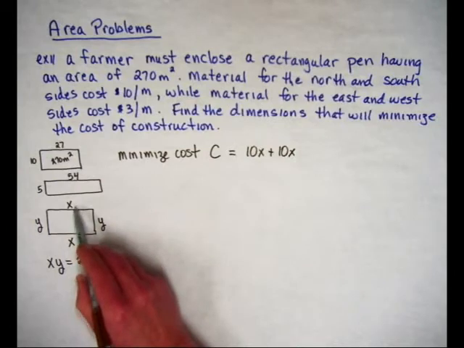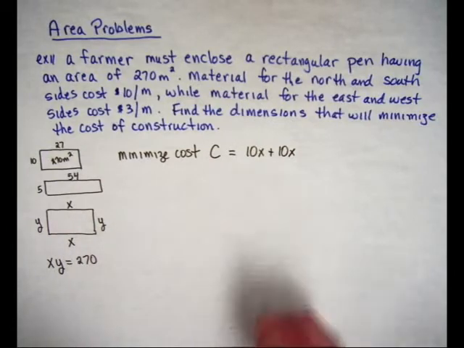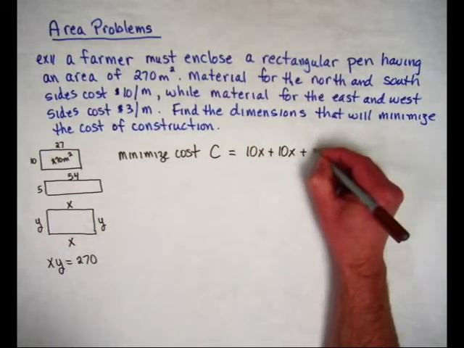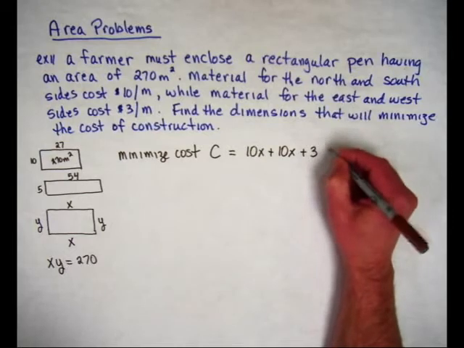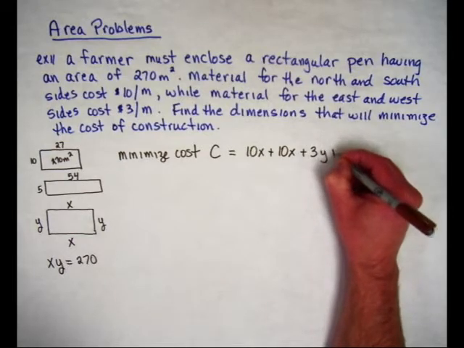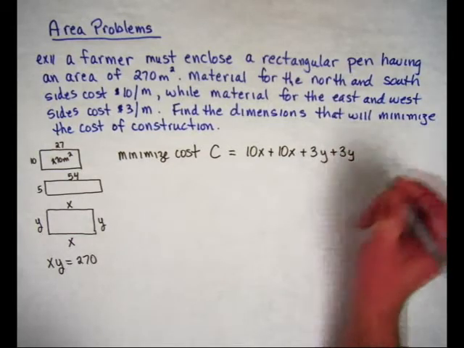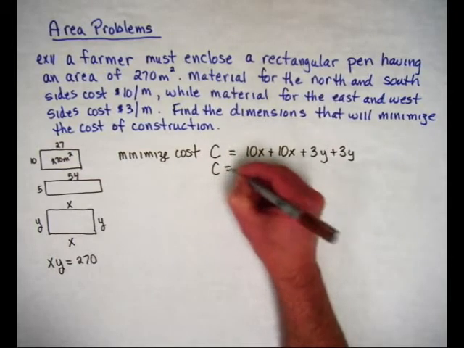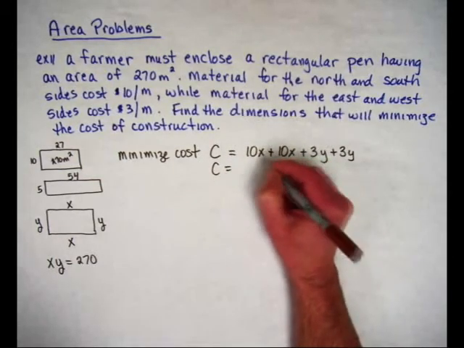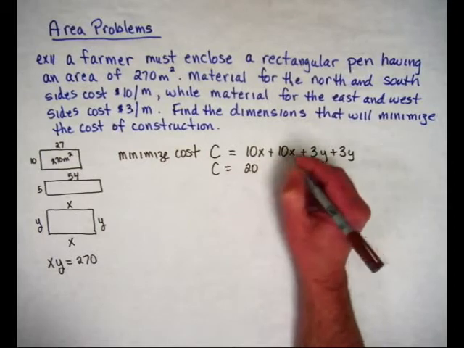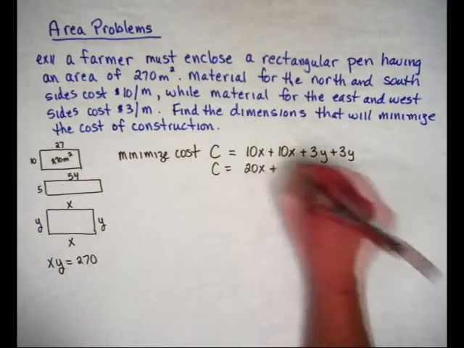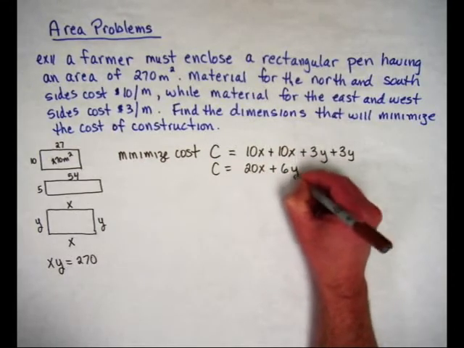So these two sides would cost 10x plus 10x. And then the two east and west sides are going to cost $3 per meter, so 3y plus 3y. So we end up with a cost function. The cost of building this fence is going to be 20 times x plus 6 times y.